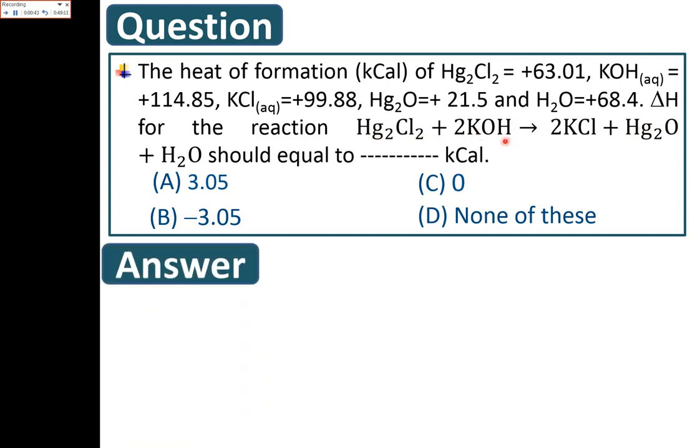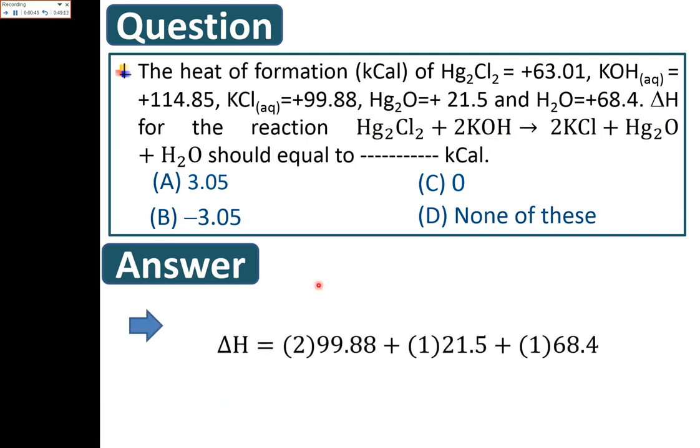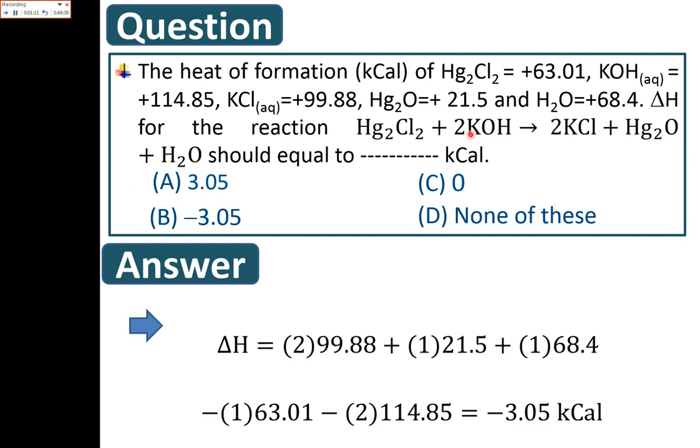Yes, it is balanced. So we will substitute next with these values. So delta H will equal 2 times the heat of formation of potassium chloride plus 1 times the heat of formation of mercury oxide minus 1 times the heat of formation of mercury chloride minus 2 times the heat of formation of potassium hydroxide. So overall the answer will be minus 0.005.